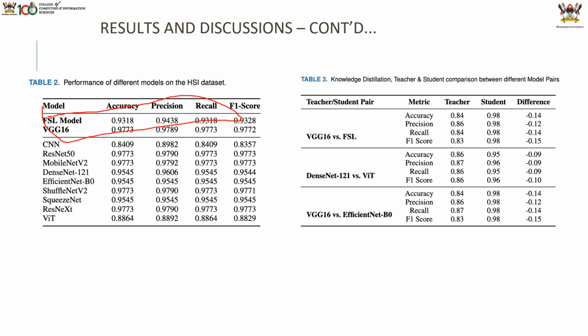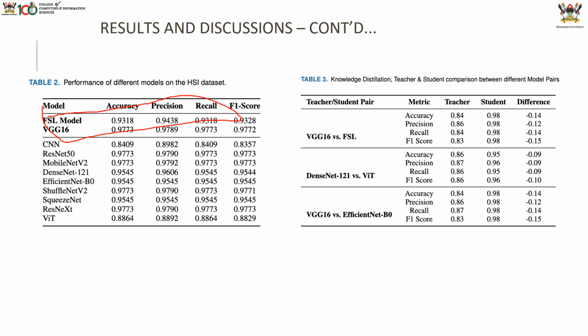While it doesn't surpass some of the state-of-the-art models like VGG16 and ResNet 50, it performs considerably well despite efficiency constraints, and hence we can conclude that this few-shot learning model is a viable approach with limited samples.